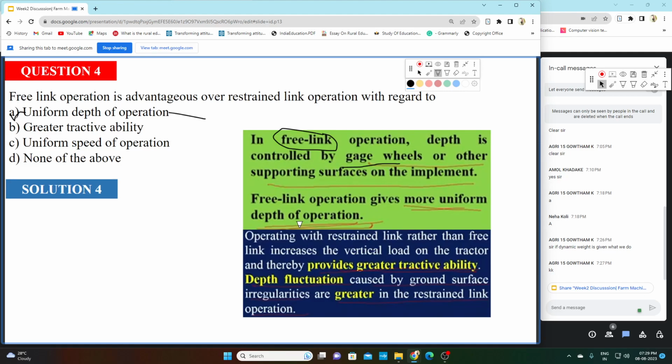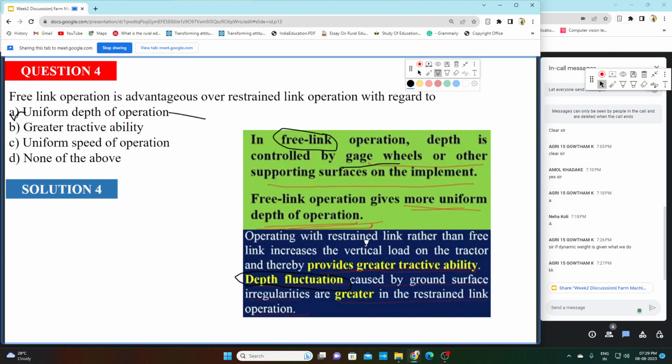Why does it provide greater tractive ability? Because the weight on the tractor is increased, so the tractive ability of the tractor will be increased, but there will be more depth fluctuation for this type of implement.